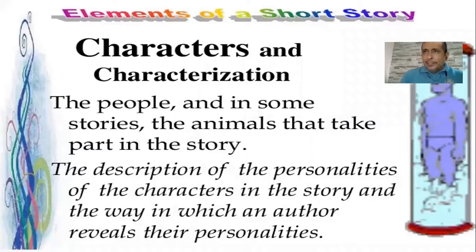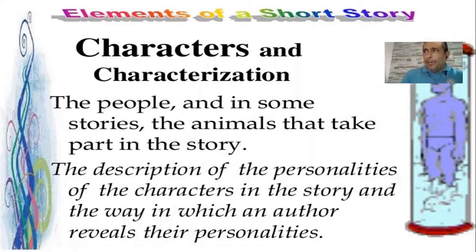The characters and characterization. The characters are people who act in the story, but they can be people, animals, or creatures, or even superheroes. Characterization is the description of the personality of the characters in the story and the way in which an author reveals their personalities.